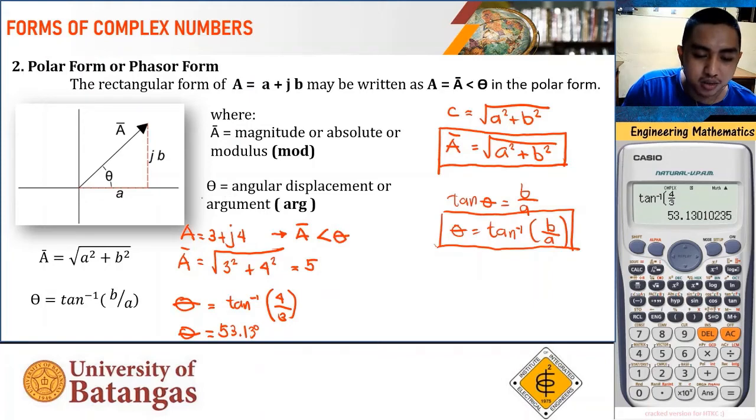So, ngayon, ang mangyayari sa ating complex number will be 5 bar angle 53.13 degrees. So, ito na yung ating polar form.